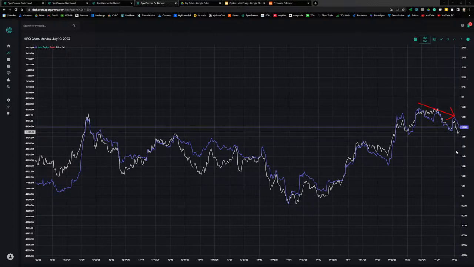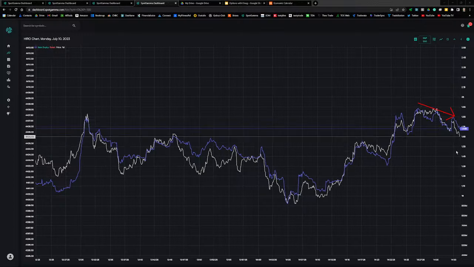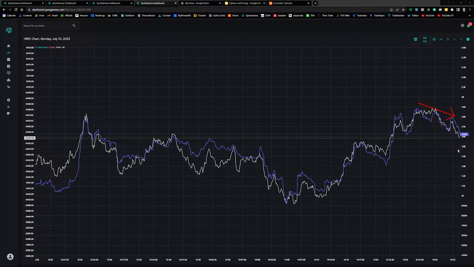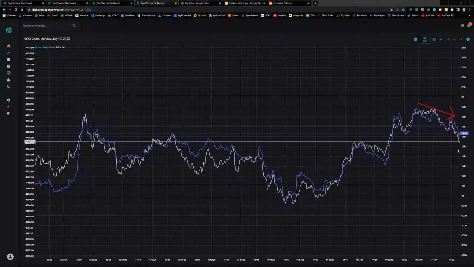So the Vanna model just gives me a framework to think about the day, and then Hero is showing the real-time action. I know it may be complicated to try and put all this together, but Vanna is just something that I look at pre-market in my planning process to get a framework about how market makers may react with changes in price and implied volatility.